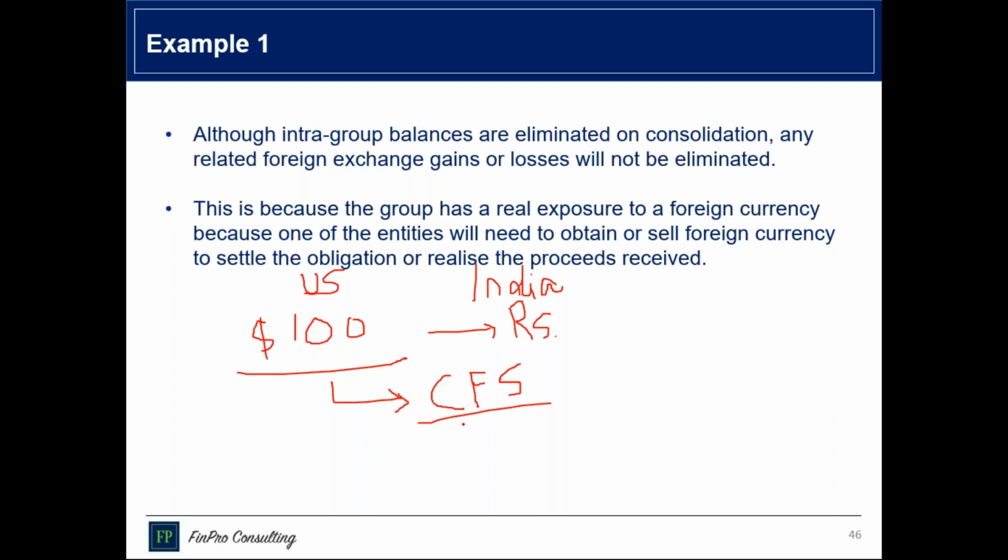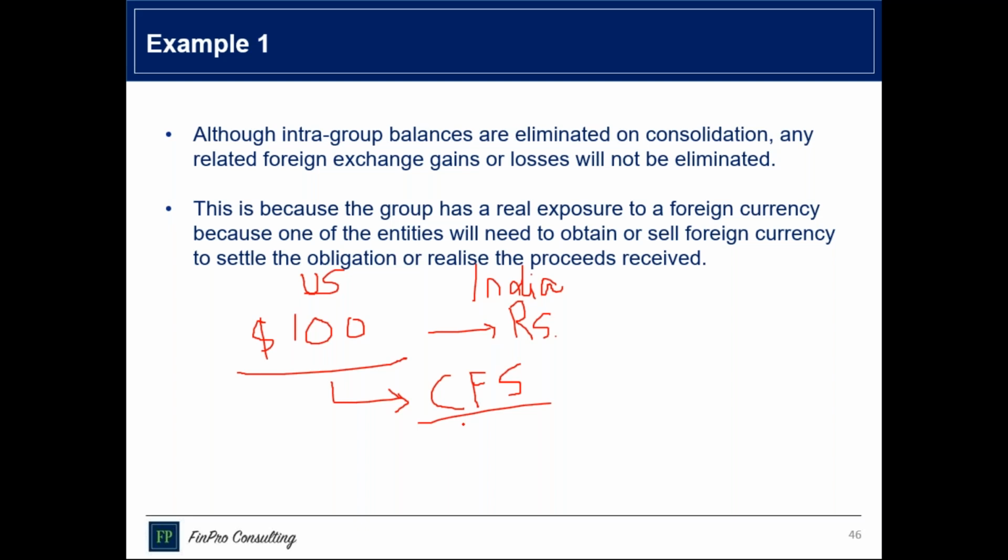However, India also has recorded foreign exchange gain or loss on conversion of these $100 into Indian rupees. Now the question is, along with the normal $100 payable and receivable, whether the foreign exchange gain or loss also should be eliminated as a part of intercompany transaction. And the answer to it is no.